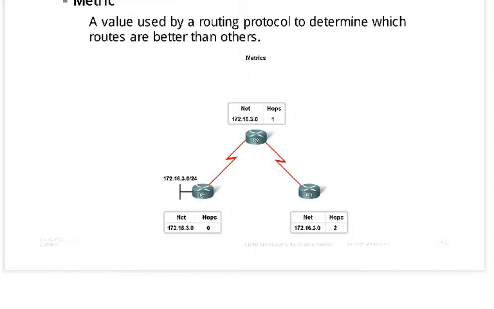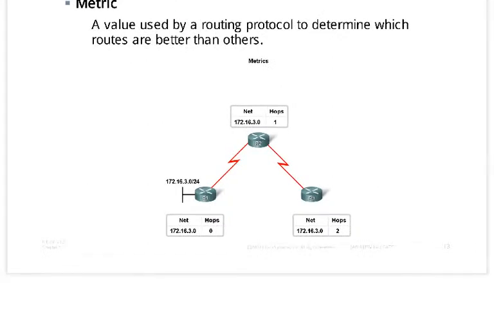So this is a value used by the routing protocol to determine which routes are better than the other. And the metric is a generic term which can be represented using any phenomenon, any variable. For example, RIP version 1 and RIP version 2 use as a metric the number of hops. So the distance between me and any possible destination is simply the number of hops.